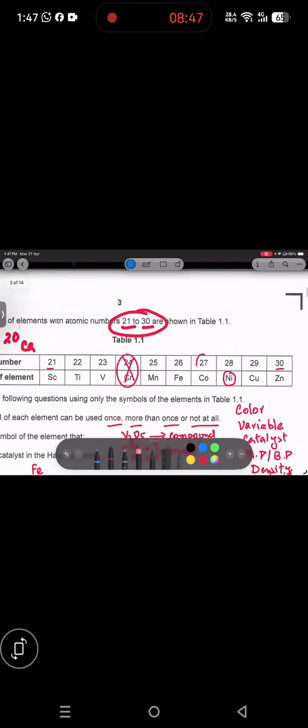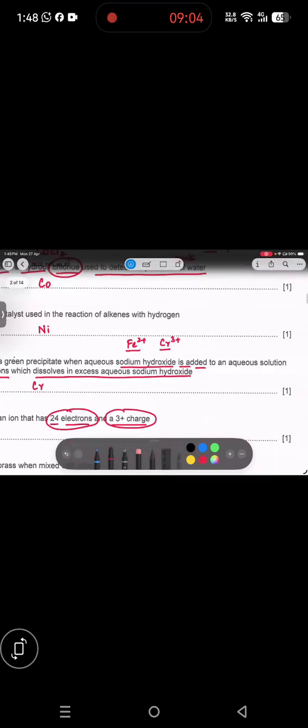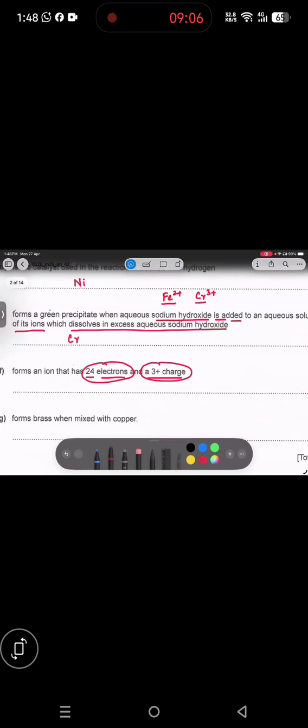Cobalt is 27, and it will lose 3 electrons, gaining a 3 positive charge. It forms an ion that has 24 electrons, not an atom. So the correct answer is cobalt here.